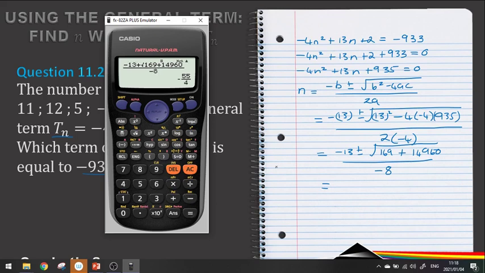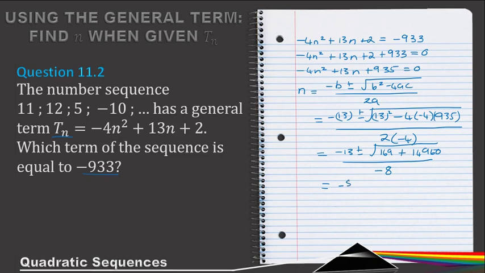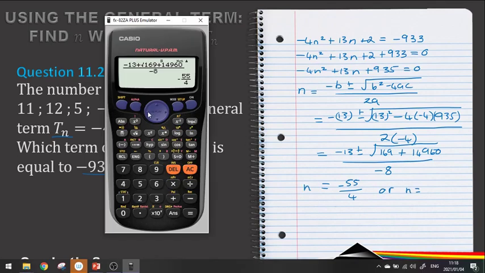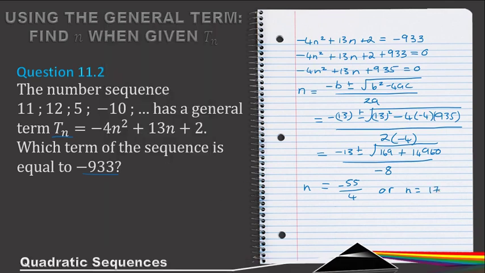So that's negative 55 over 4, that's n, or n is equal to, so let's type in the negative, 17. Right, so this is then our answer, n is equal to 17, and the other one is not applicable.